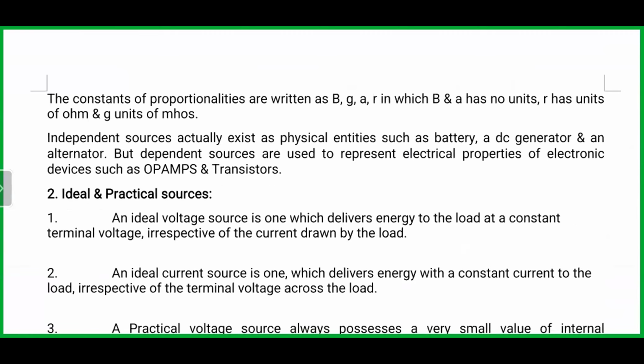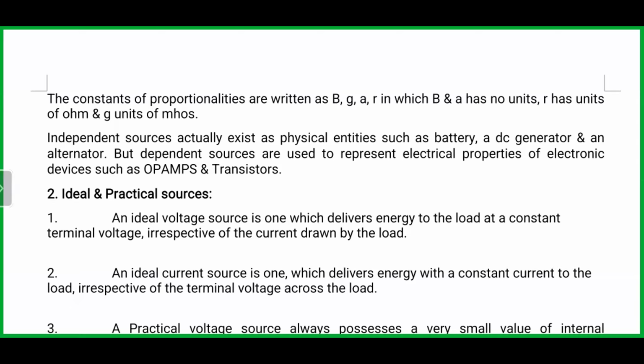Now we are going to dive deeper. The constants of proportionality are written as B, G, A, and R, in which B and A have no units.